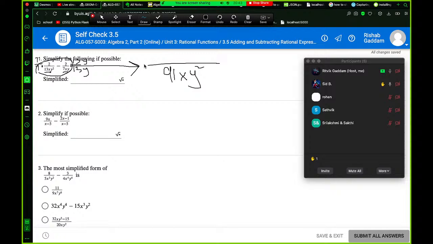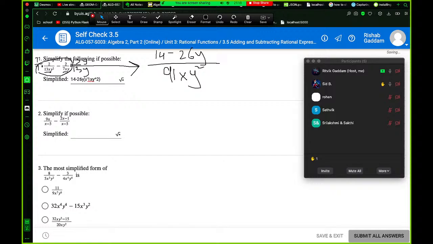And then on top, you get 14 minus 26y. Okay, good job. I think that's in simplest form. Yeah, there's nothing else you can do in this one. So that's 14 minus 26y in parentheses, and then 91xy squared.